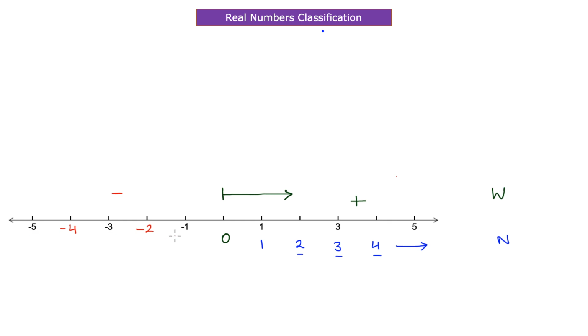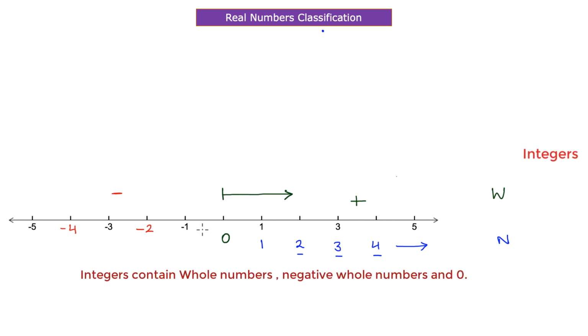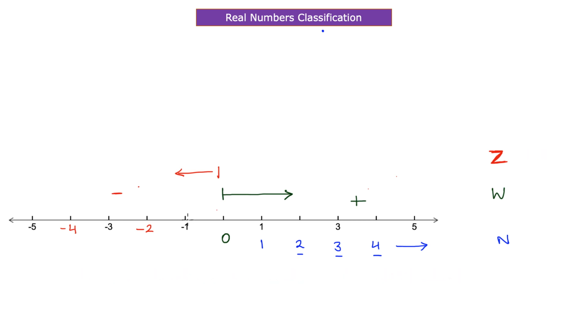So negatives, positives, and 0 in between, all of those numbers are very commonly classified under a class of numbers known as integers. And this set of numbers is written as a capital letter Z, right? So integers contain all negative numbers, positive numbers, and a 0. But they have to be the whole unit of numbers, right?